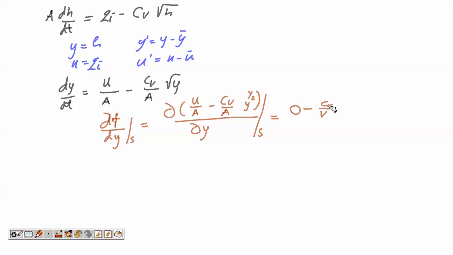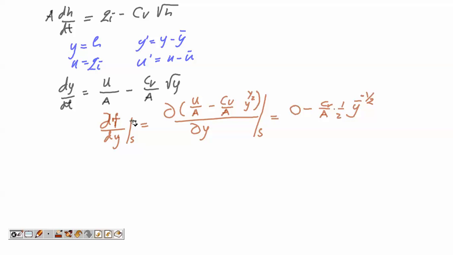So you can derive the derivative of this one, Cv over A times a half, y bar to the power a half minus 1, which is minus a half.